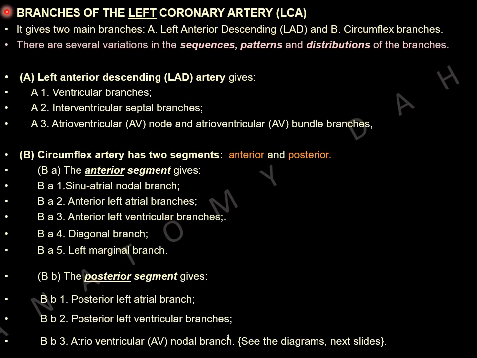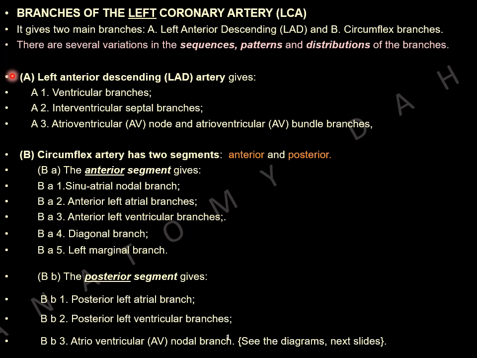Branches of the left coronary artery. The left coronary artery has two main branches, the left anterior descending or LAD and the circumflex branches. There are several variations in the sequences, patterns and distribution of the branches.